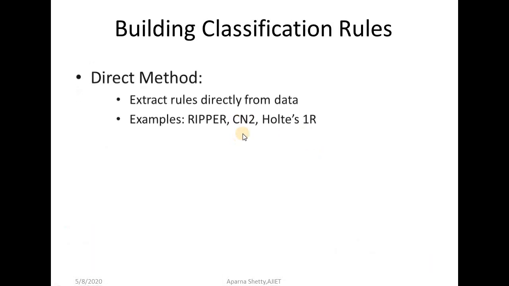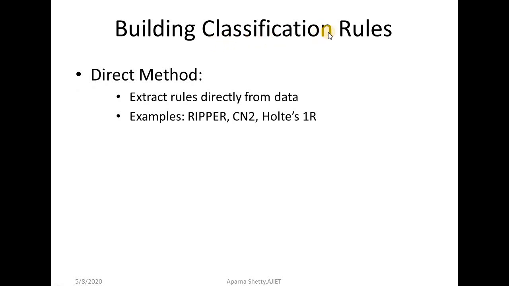Next topic, building classification rules. For building classification rules, we have two methods. The first method is the direct method. In this direct method, we will extract the rules directly from the given data set.